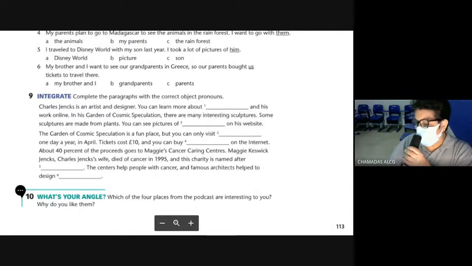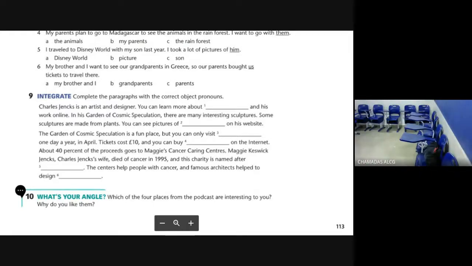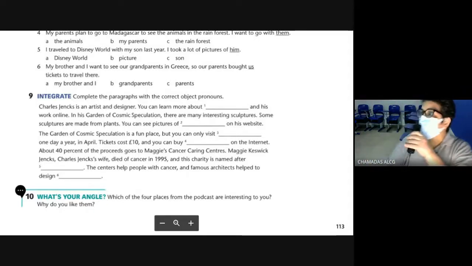So let's try to do this together. Okay, guys, can you visualize the page, the book page? Yes or no?